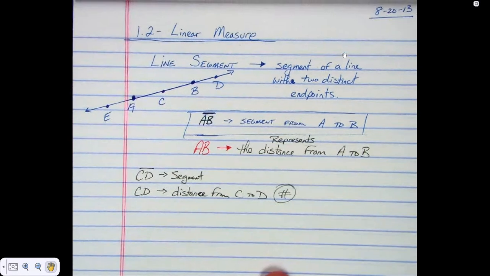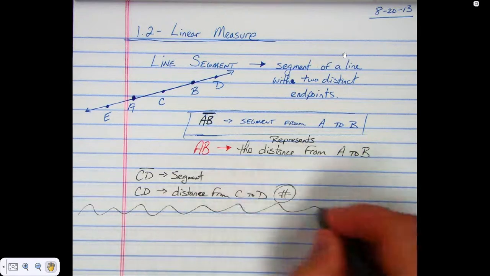You say, why'd they make it confusing? Well, like I said, mathematicians are lazy. They don't want to write, hey, what is the distance from C to D? They just ask you to find CD without anything above it, and they're asking you to find the distance from C to D. It's your job to know the difference. Okay? Make sense? Very important thing.